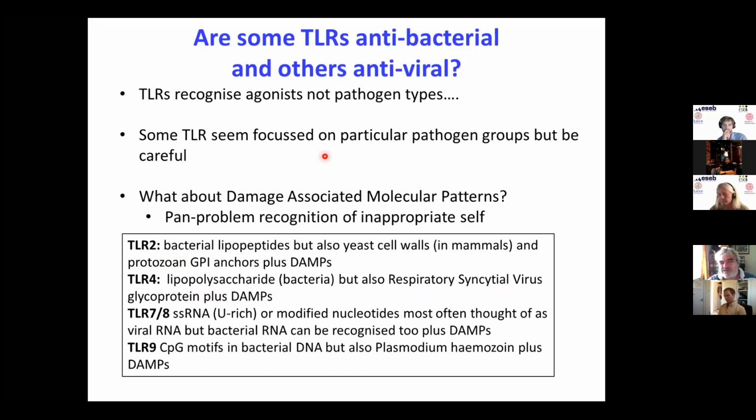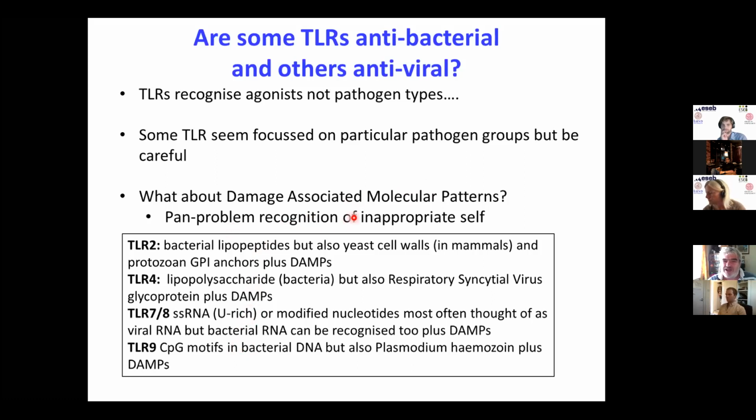This problem gets even bigger when we start thinking about the other major group of patterns that pattern recognition receptors recognize. They're known as the damage-associated molecular patterns, or DAMPs. Many TLRs don't just recognize PAMPs, they also recognize DAMPs.